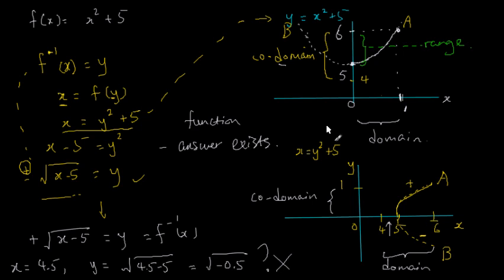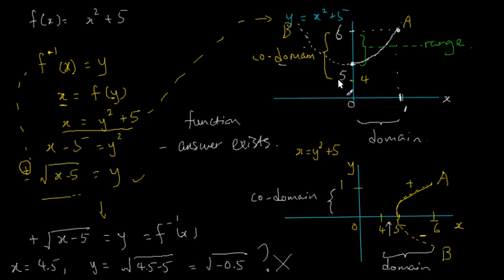Now remember that this domain came from the codomain, and the codomain was just a set of values that I just made up, to say that this is the set of values that I allow the function or the mapping to give an answer to. This is a set of values that I allow this formula to map onto. So I just made up a set of values.